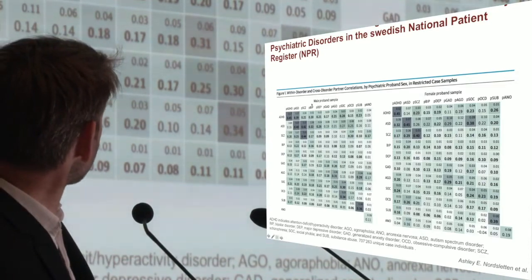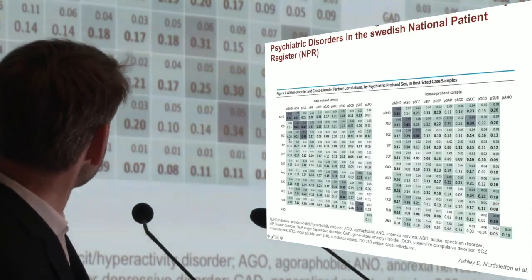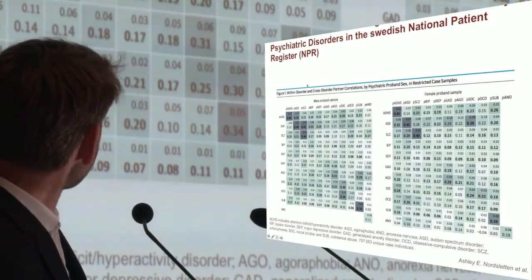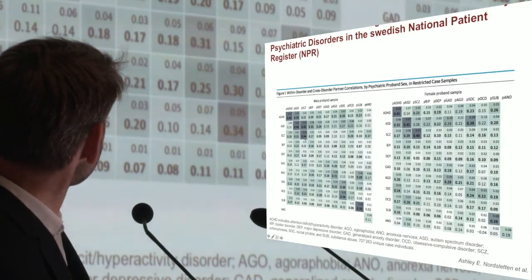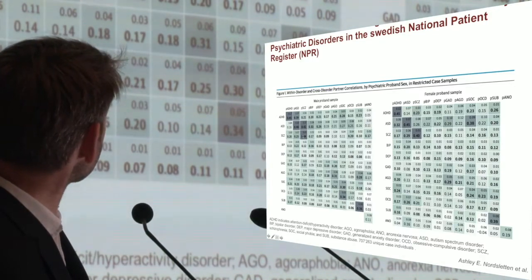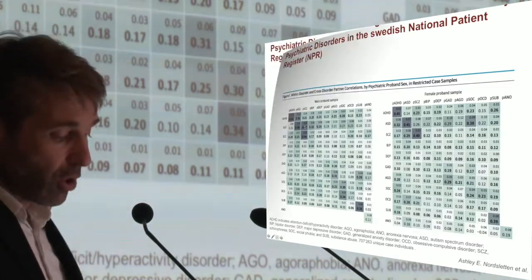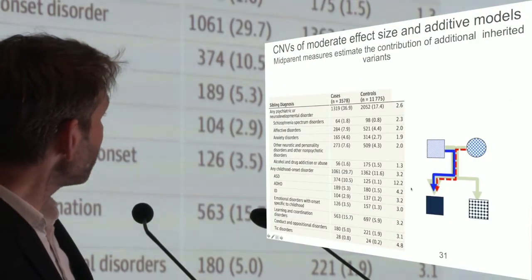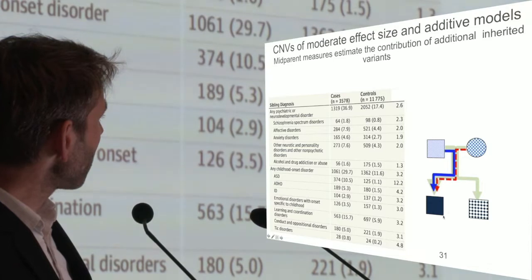If you're a male proband with schizophrenia, the probability that your spouse has a diagnosis of schizophrenia is also 44%. And for ADHD, it's going to be 21%. Autism, 42%.